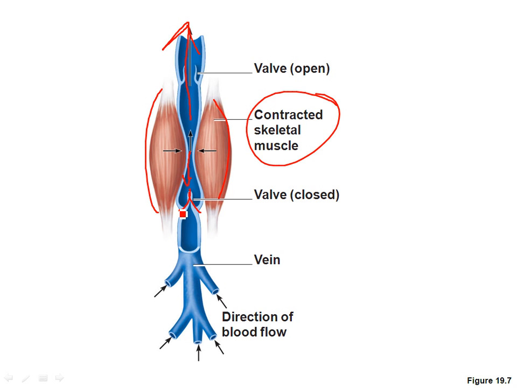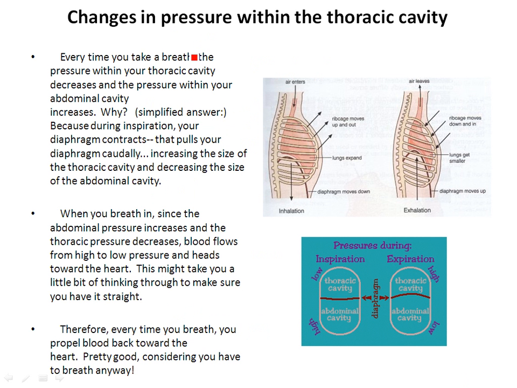Now these valves are oriented to where when something pushes backward against them, it pushes them closed instead of open. So you can see on this upper valve here, as the blood flows through, it forces the valve to open more. But if the valve is like this and the blood is coming back down, then when the blood hits the flaps of the valve, it forces it closed to prevent the blood from going back down away from the heart.